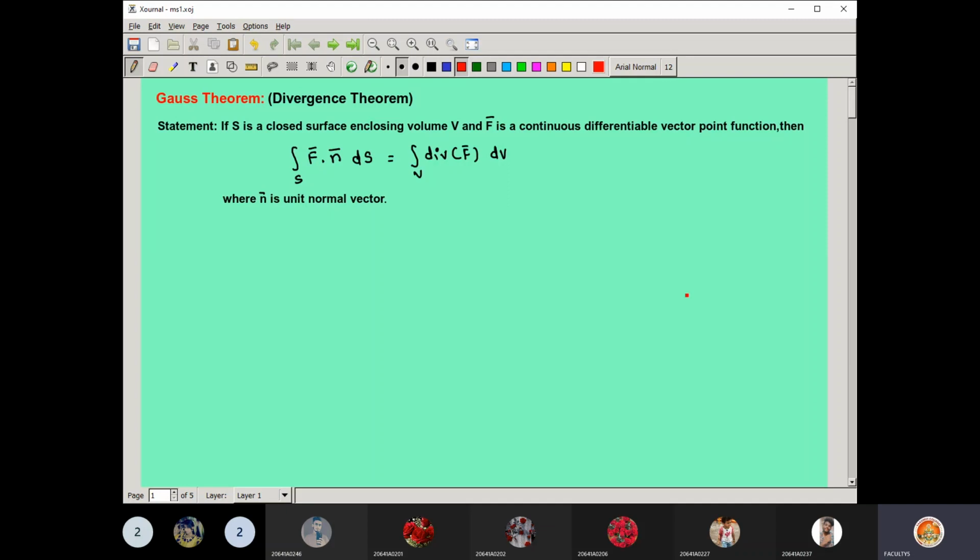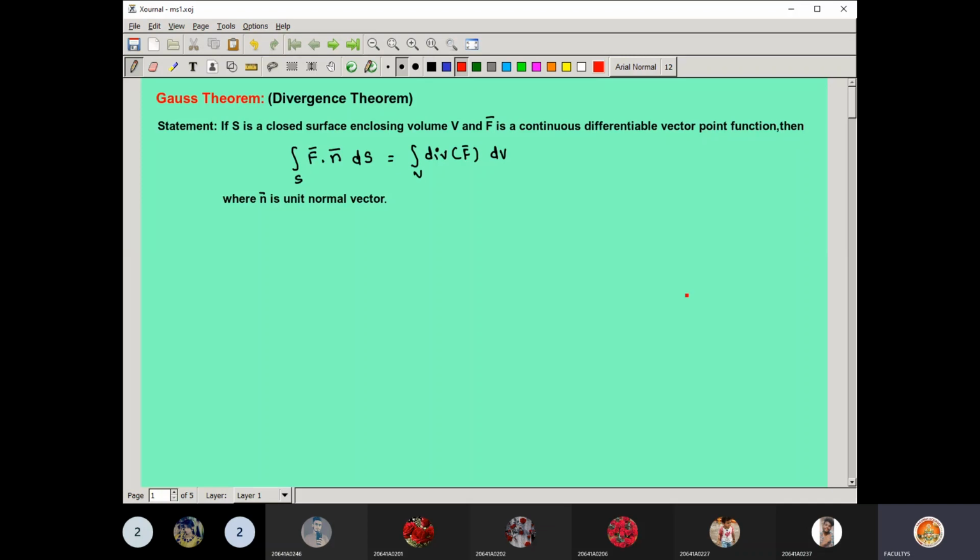Since the right hand side involves divergence, this Gauss theorem is also called the divergence theorem. When you look at Stokes theorem, the right hand side integral is curl, but we can't call it the curl theorem. The reason is that in Stokes theorem, it is curl of F bar dot n bar, so additionally one more vector is there.